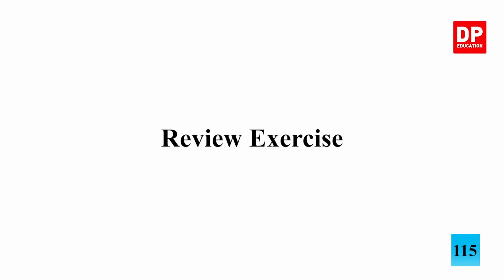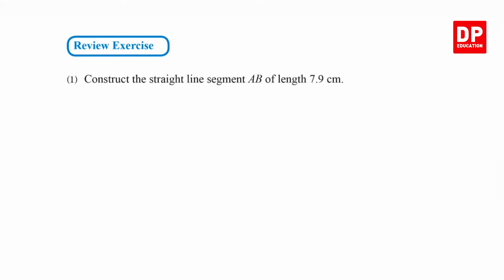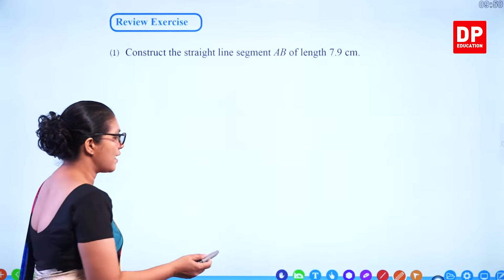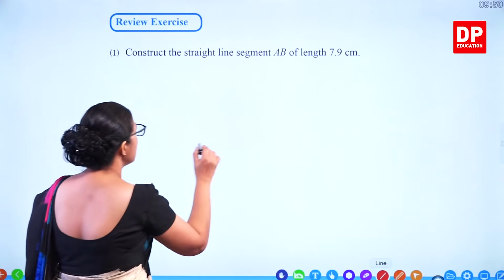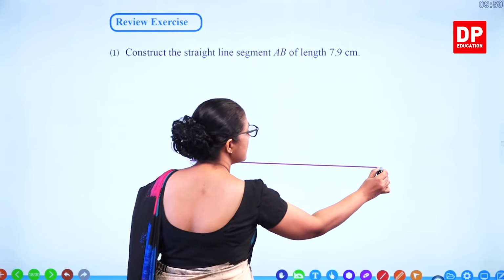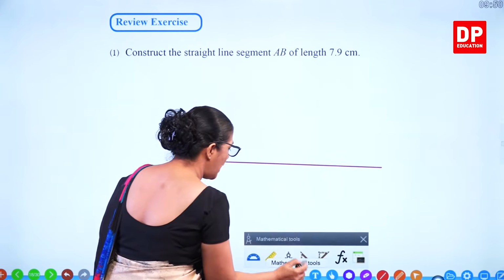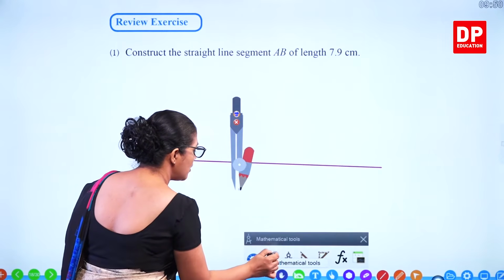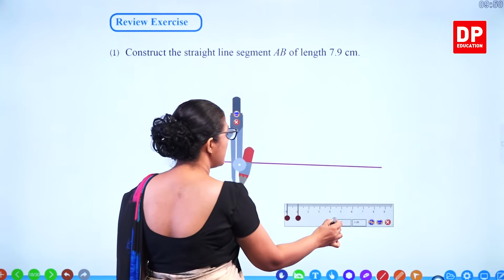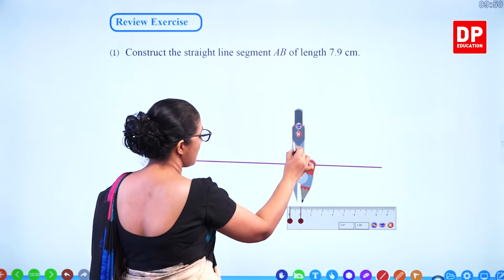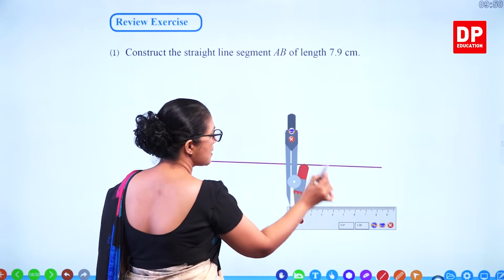Now we'll look at the review exercise. Construct the straight line segment AB of length 7.9. So take the ruler and take any length, and with the help of the compass, you can measure the length. That's 7.9 centimeters.